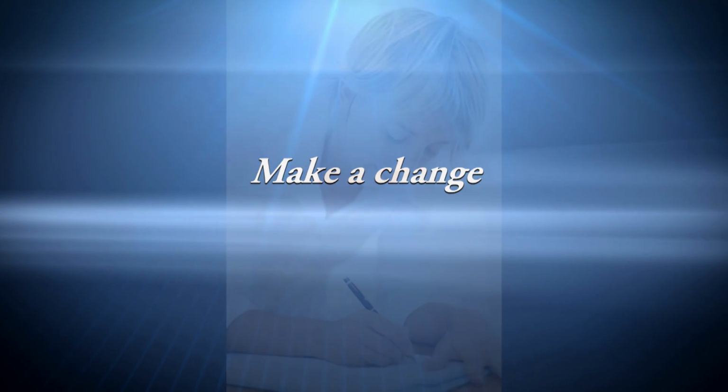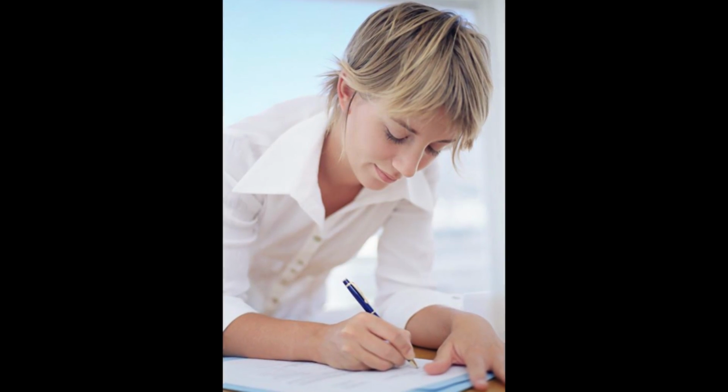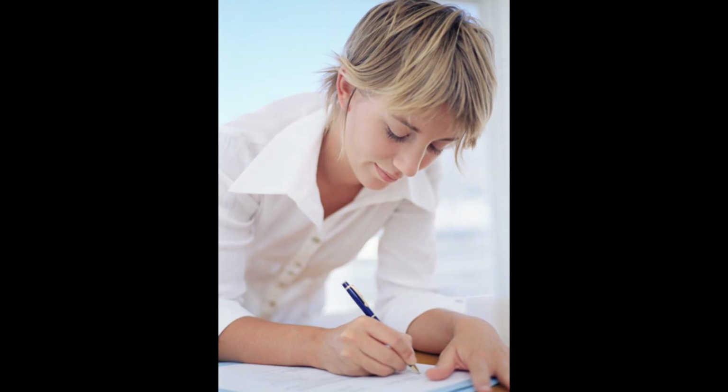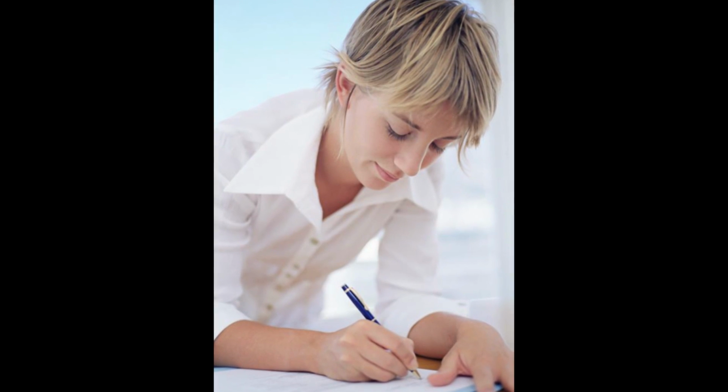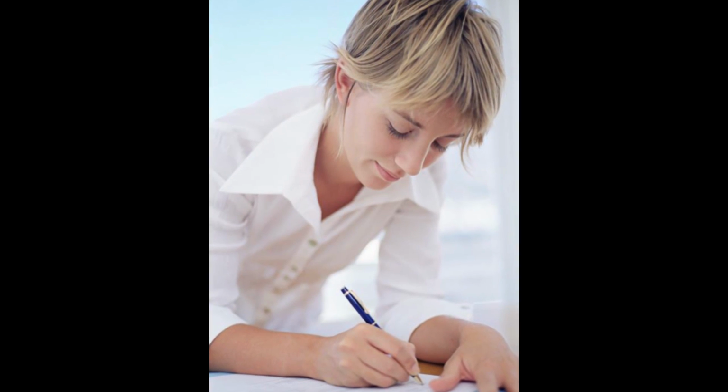Now moving forward, you want to make a change, right? You want to change things. So the way you're going to change things is that you're going to start to proactively plan. Now that you know where your time goes, you're going to change things if you're not completely satisfied with it.